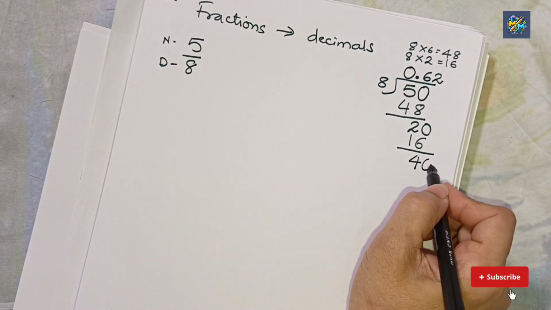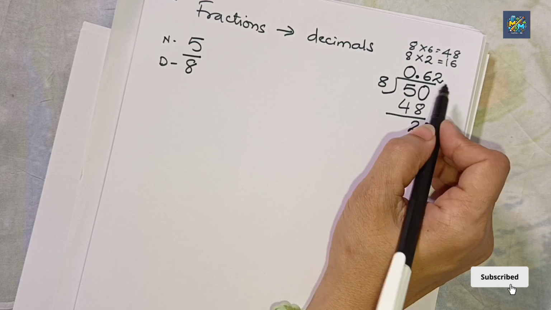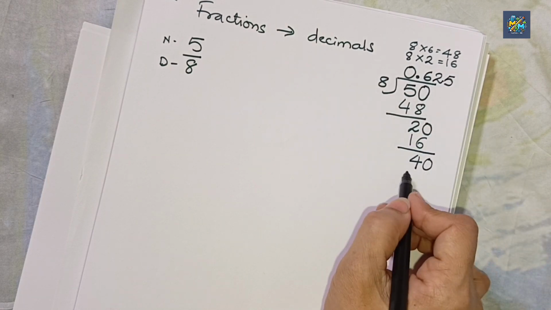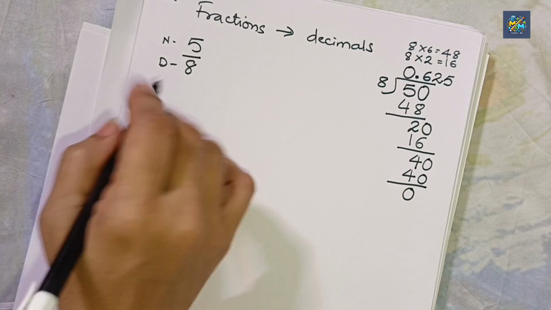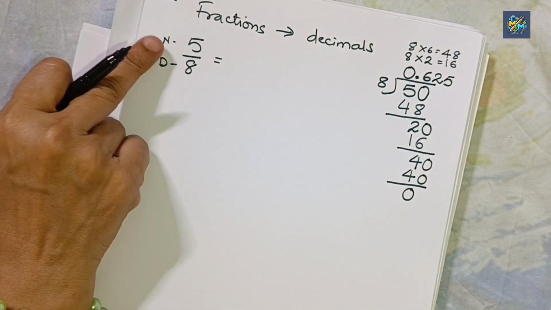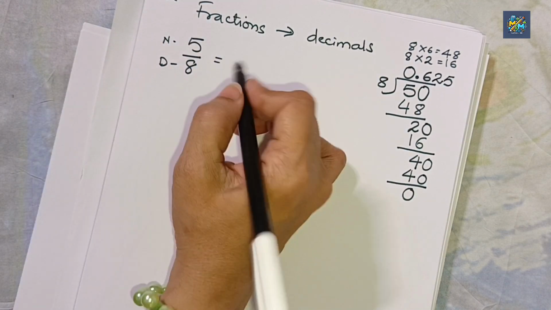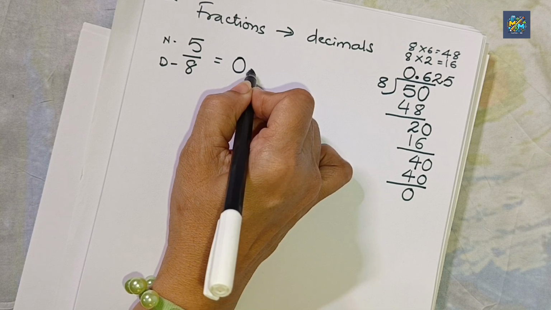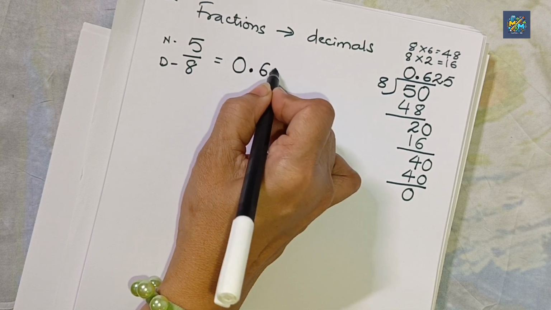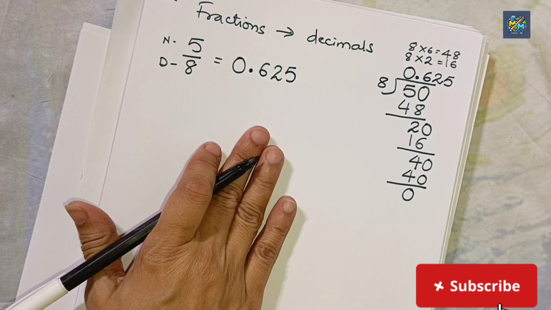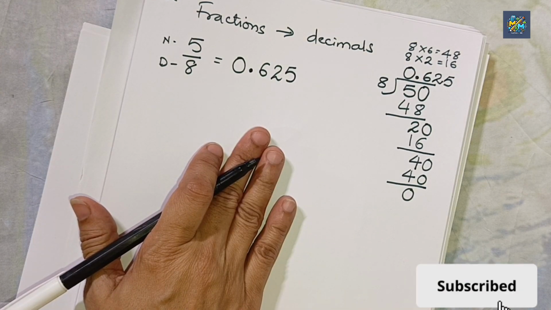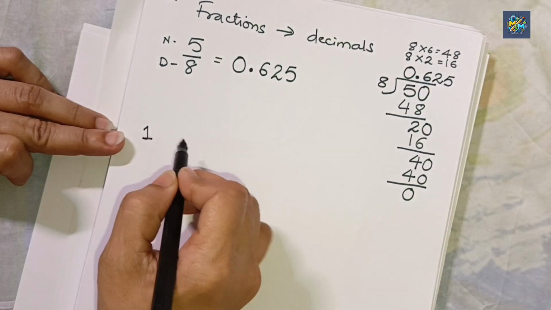Again I am going to add one more 0. So 8 times 5 is 40. So this is my answer. After converting the fraction into a decimal, my answer is 0.625.